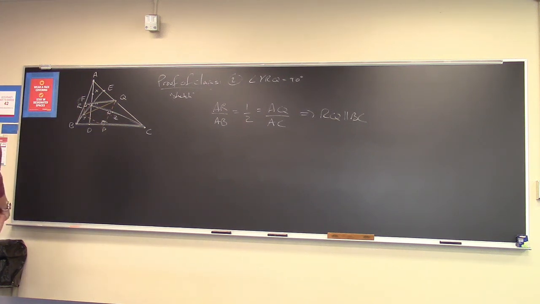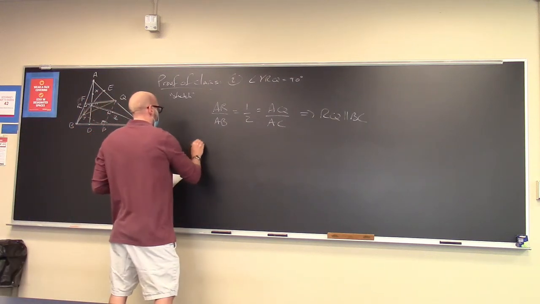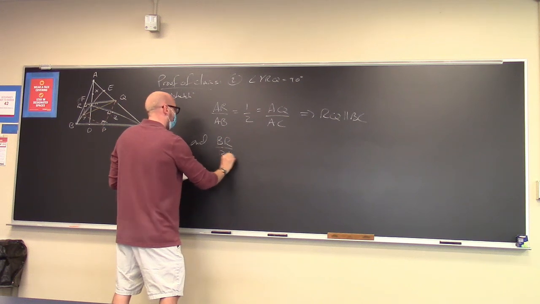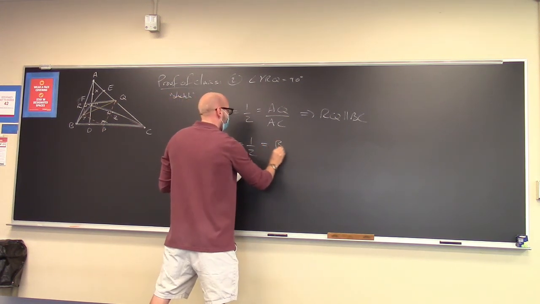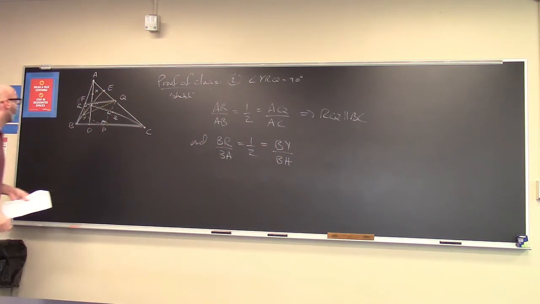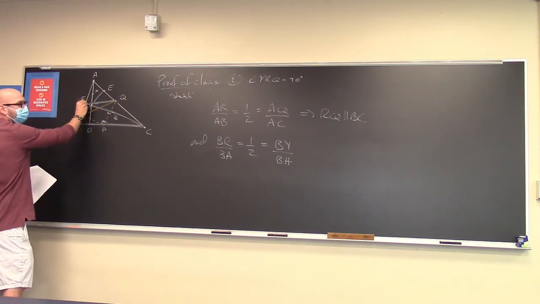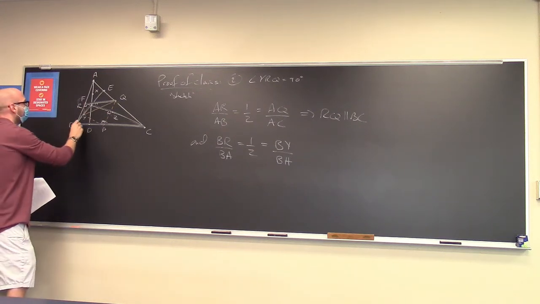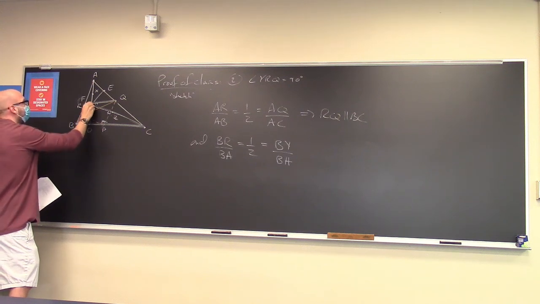And my other claim is that BR over BA is 1/2, which is BY over BH. We'll see if that's true. So B to R over B to A, that's 1/2 clearly. Claims that this is the same as BY over BH.